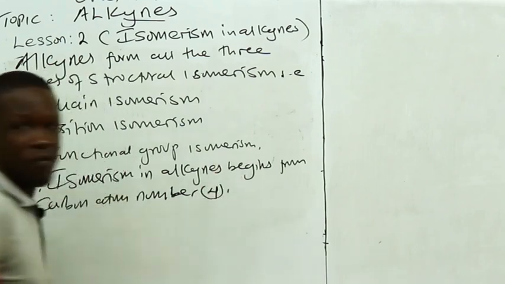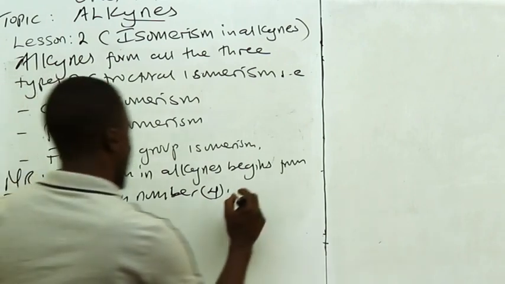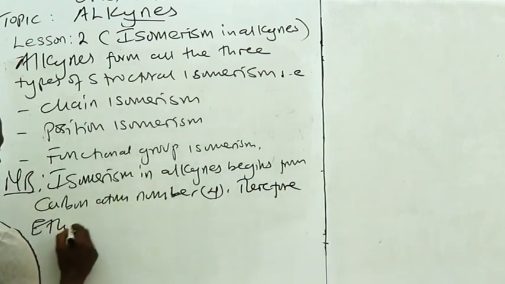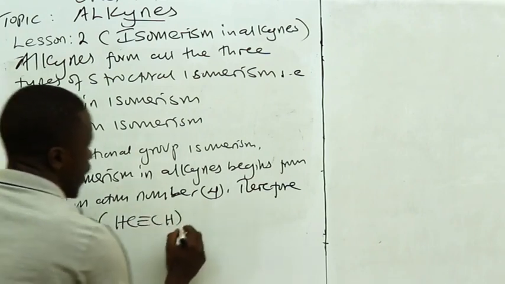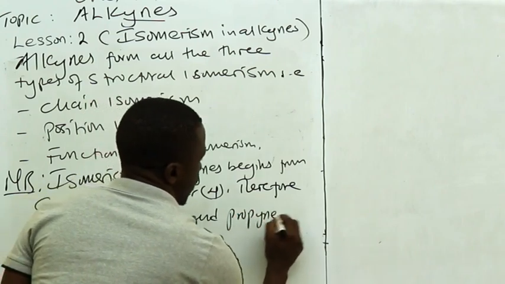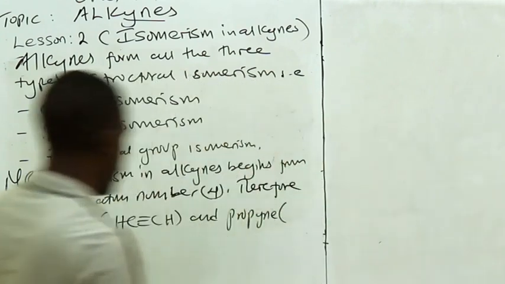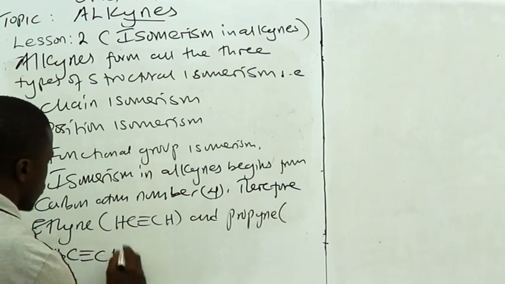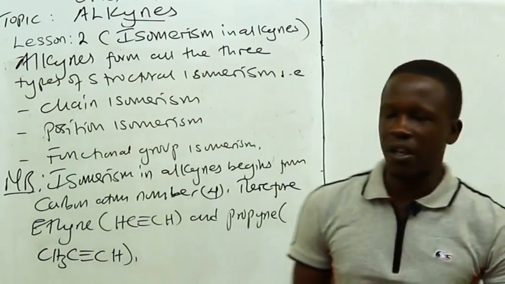This means that ethane, this structure formula, and propane, this structure formula, CH3CH3 and CH3CH2CH3, do not have any form of isomerism in them.